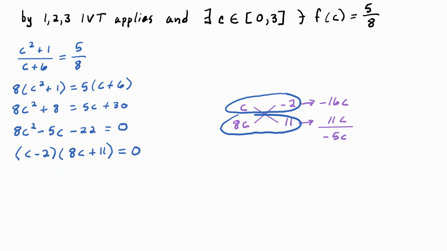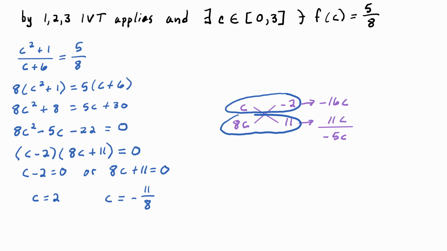Now, using the zero product property, we set each of these to 0. And solving each of these, this first one, we get C is equal to 2. And for this second one, we would subtract 11 and then divide by 8. So we have C is equal to negative 11/8.